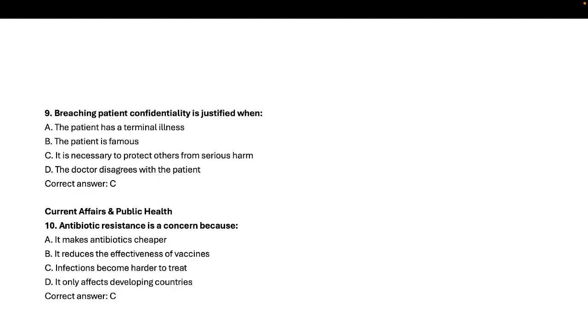So as a doctor, you have to give the patient an initial chance to help out the wife. If the husband doesn't want to do that, then you have the right to breach the patient's confidentiality, to go against the will of the patient in order to protect the wife as well.